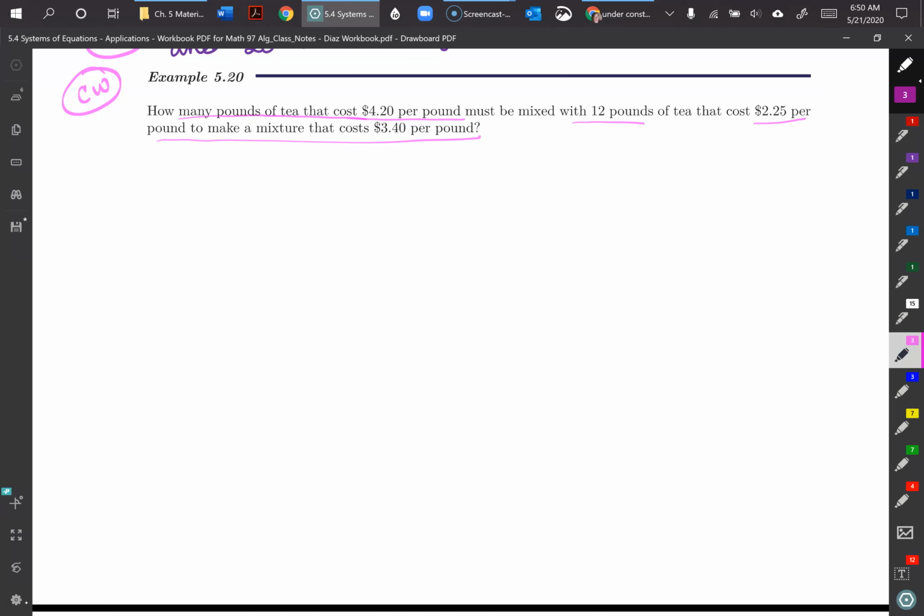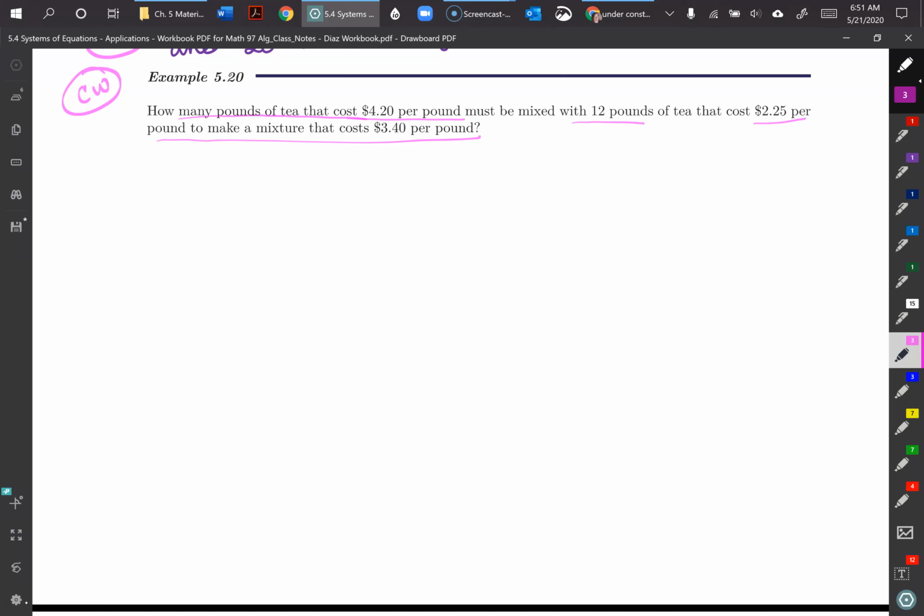You can pause at any time and finish up the problem on your own, but I do want to make sure that you're set up here. So if you pause it now, check back to make sure you get the first piece. How many pounds of tea that costs $4.20 per pound?